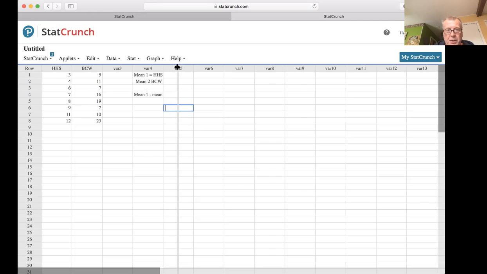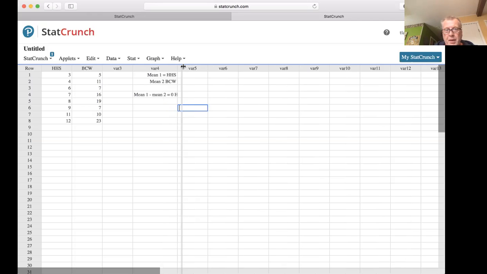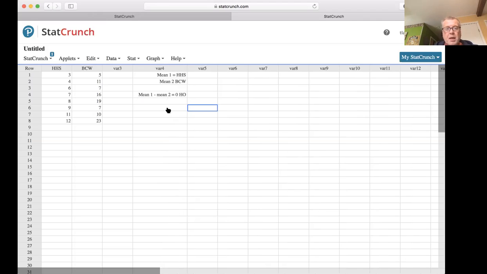Let's expand that a bit so we can see the whole thing. Okay, and now HA would be not equal to 0. Let's say they're different. Now this is the claim, so I'll star it. There we go. Okay, let's suppose our level of significance is 0.05, so we'd report it.